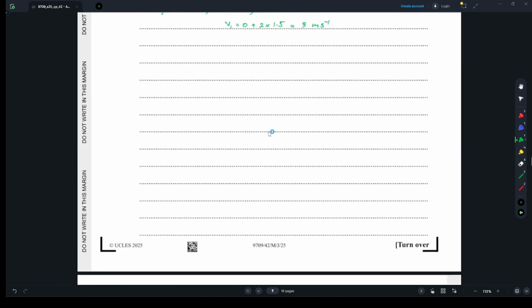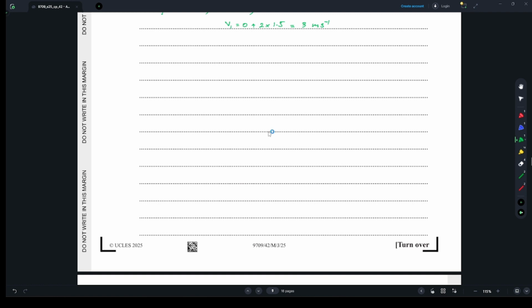Okay, so now there's no string attached there. So we don't have that acceleration of 2 meters per second squared. So now we have a new acceleration, and we have to find it first.